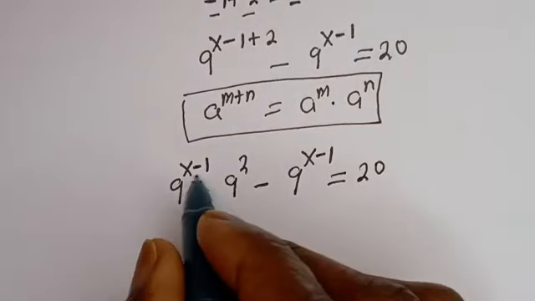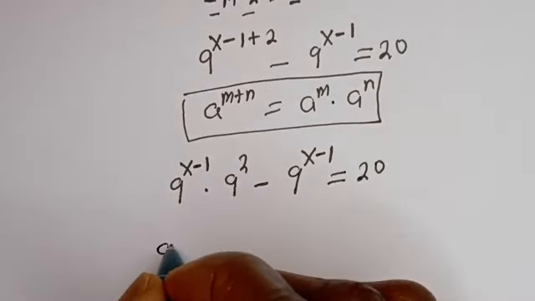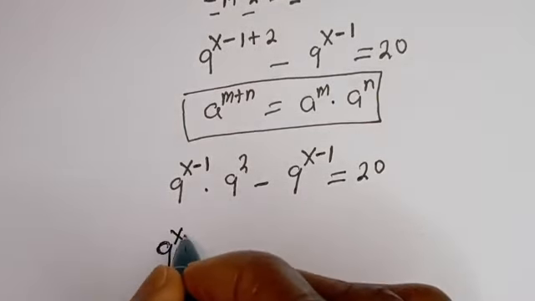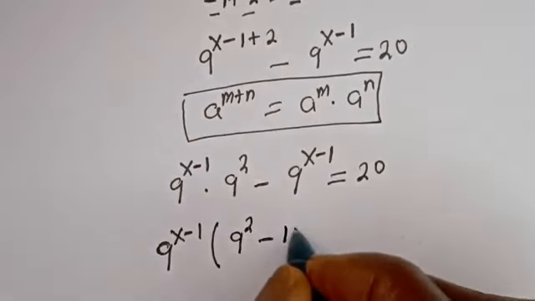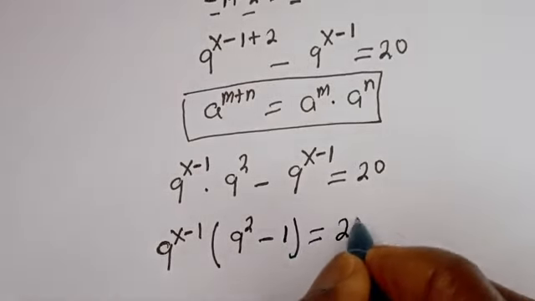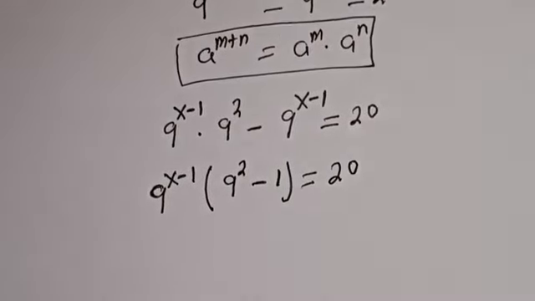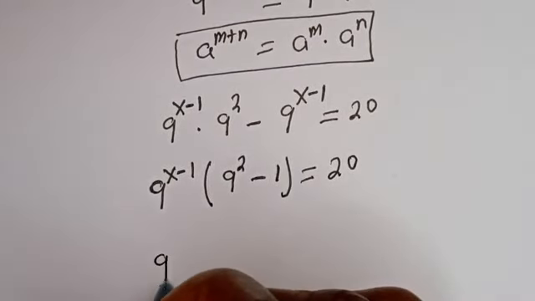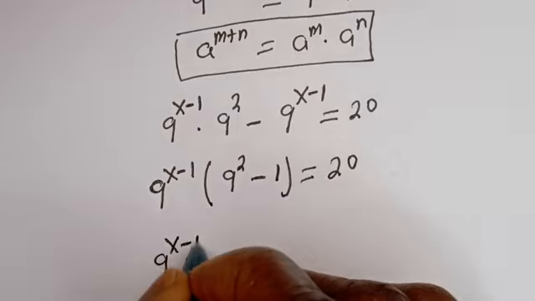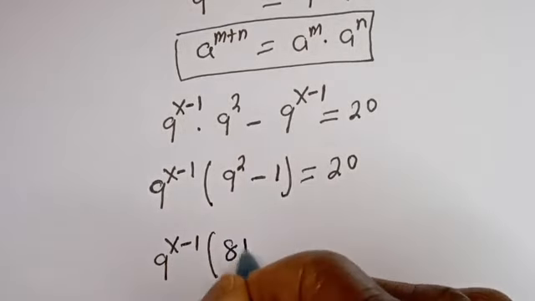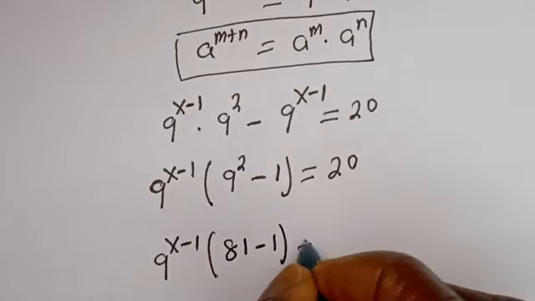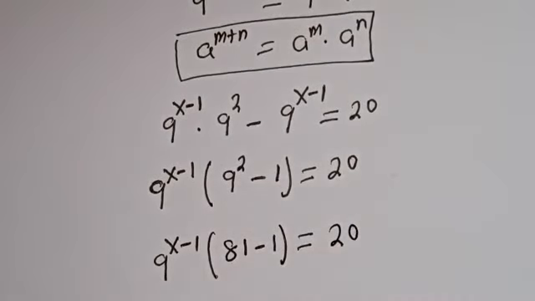Now here, 9 to the power of x minus 1 is common. Let's bring it out. 9 to the power of x minus 1 bracket. If you divide the whole of this by this, we have 9 square minus, if you divide the whole of this by this, we have 1 is equal to 20. Then here is 9 to the power of x minus 1 bracket 9 square, that is 81 minus 1 is equal to 20.